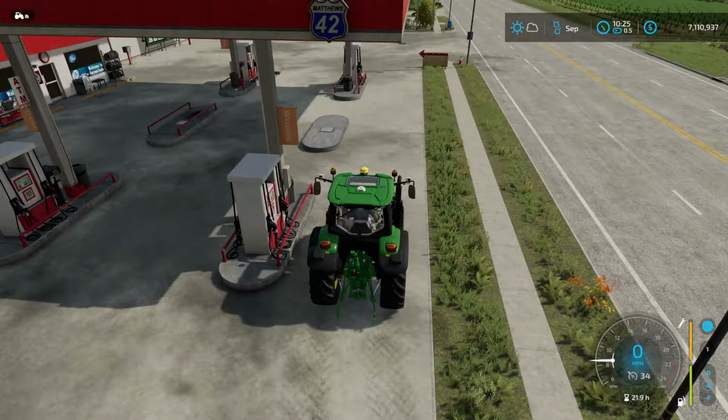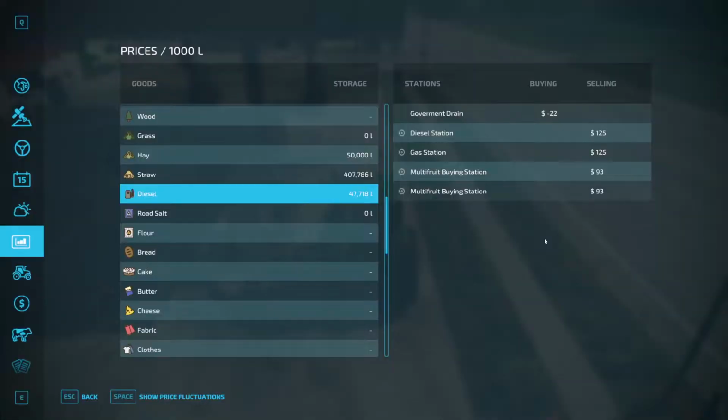So it's completely full right now. Diesel has a price per liter, and I'll show you in the chart. Sorry, I meant to say economy price per liter of 1.25 or 125.